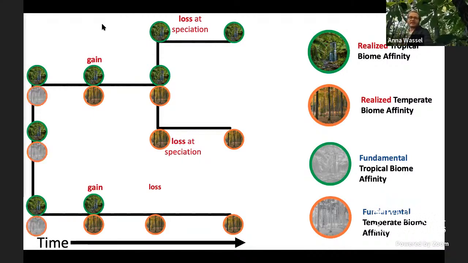So we have here the ancestor had a fundamental temperate, perhaps, had at speciation an asymmetrical inheritance of the range, but they both fully inherited the fundamental biome affinities, which is an instance of allopatric speciation or something else, versus other instances where you could have the full split and have each one only have the fundamental affinity for one of the biomes.